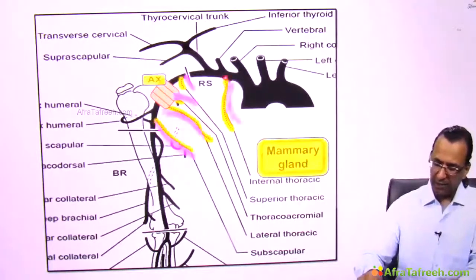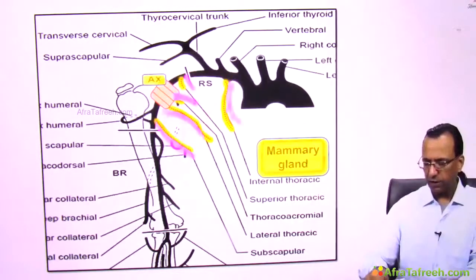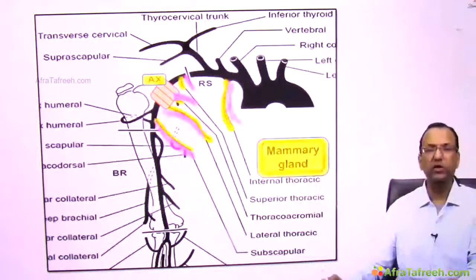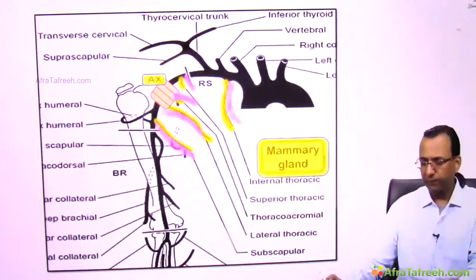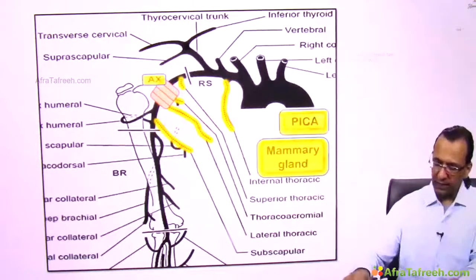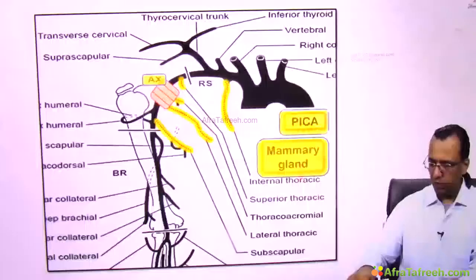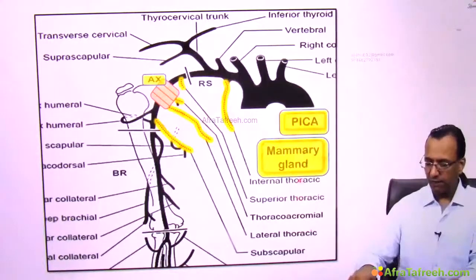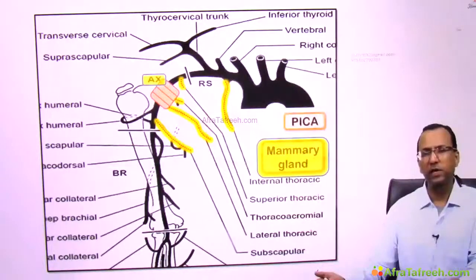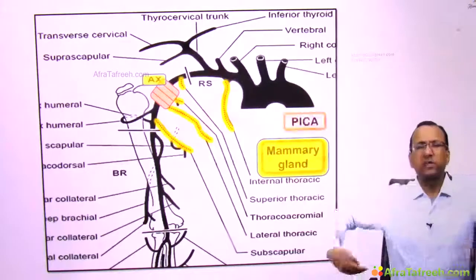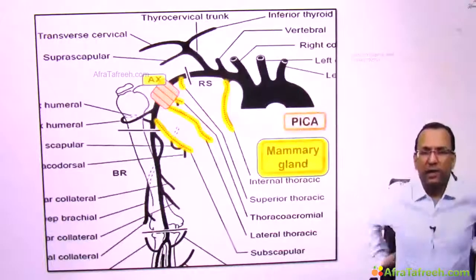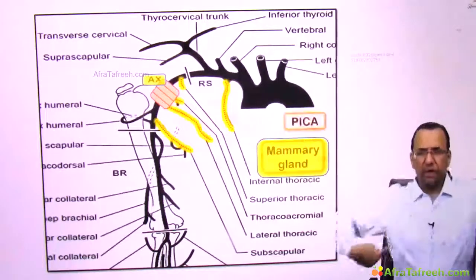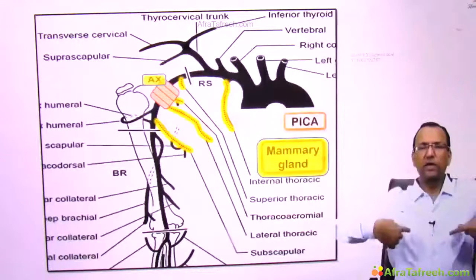It is also supplied by branches of the descending thoracic aorta, which gives the posterior intercostal arteries. Posterior intercostal arteries come and supply the mammary gland, as branches of the descending thoracic aorta.